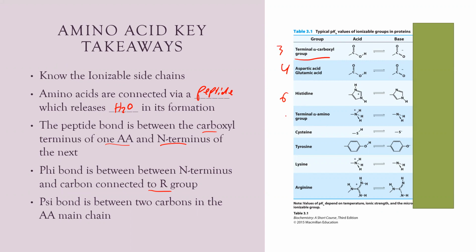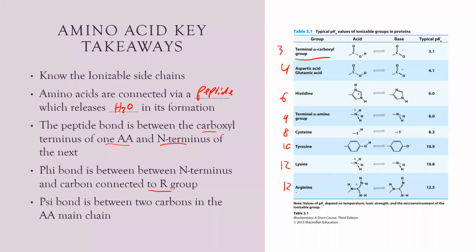Come to a consensus. 9. Cysteine, tyrosine, lysine, arginine. See if you guys are right. 3, 4, 6, 8. Well, she said 9, didn't she? Yep. 8, 10. She said 12, yeah. And then 12. Good job.